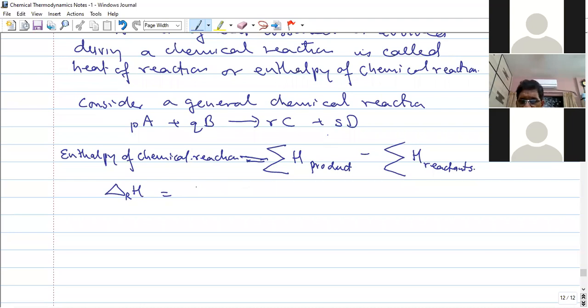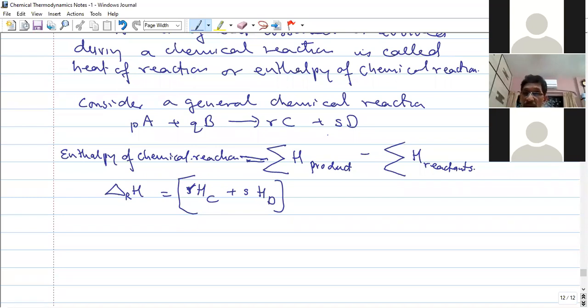C. The enthalpy of C into R, plus S into enthalpy of D. ये हो गया प्रोडक्ट की enthalpy. यानी कोएफिशिएंट से मल्टीप्लाई कर. Enthalpy of C, ये वैल्यू आपको दी रही.